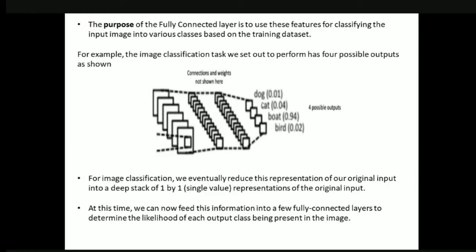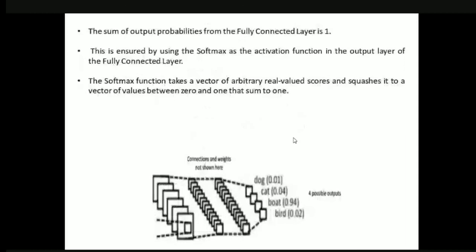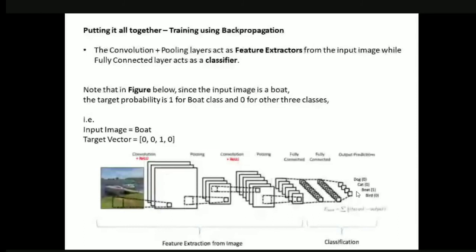We have 4 possible outputs here, that is dog, cat, boat, and bird. Here it has classified successfully that the input image is a boat with a probability of 0.94, right? So here we have 4 possible different types of outputs. As already told, the sum of all output probabilities must be equal to 1, and this can be ensured by the softmax activation function.